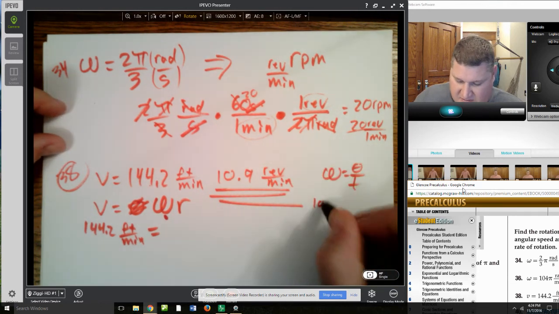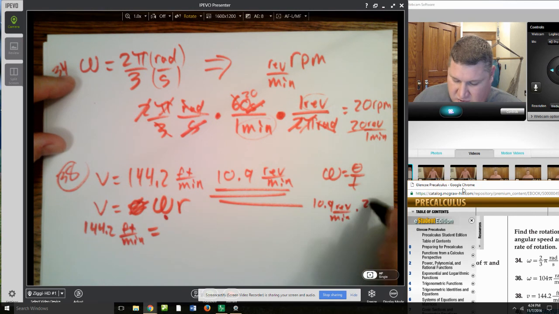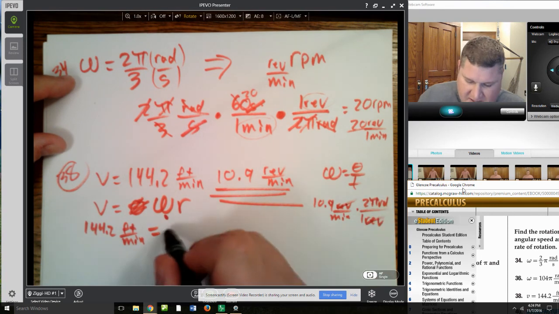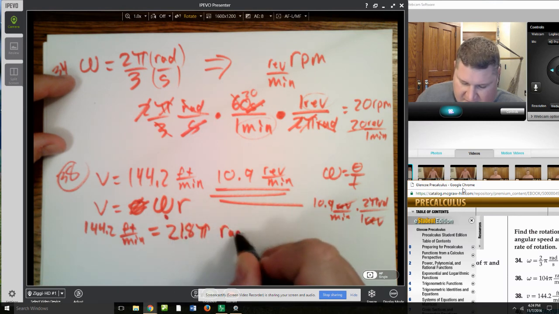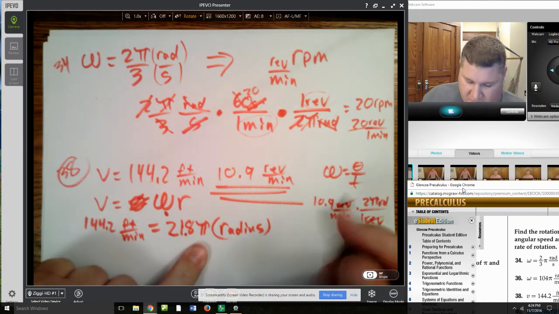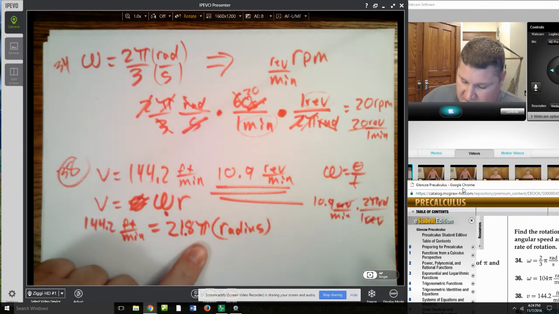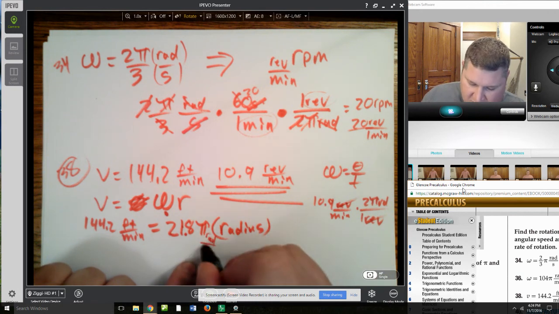So I need to take 10.9 revs per min, and multiply by 2 pi rads over 1 revolution. Gone, gone. And so I have 21.8 pi times radius, and the radius is what I'm looking for. If I keep my units over here, that's going to be in radians per minute.